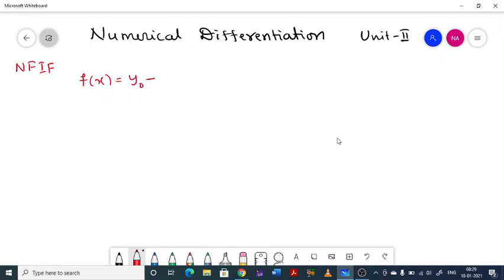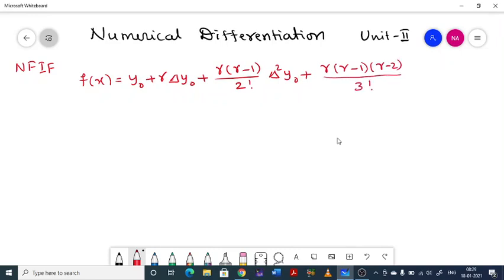y naught plus r into delta y naught plus r into (r minus 1) divided by 2 factorial into delta 2 y naught plus r into (r minus 1) into (r minus 2) divided by 3 factorial into delta 3 y naught plus and so on, where r equal to (x minus x naught) divided by h.